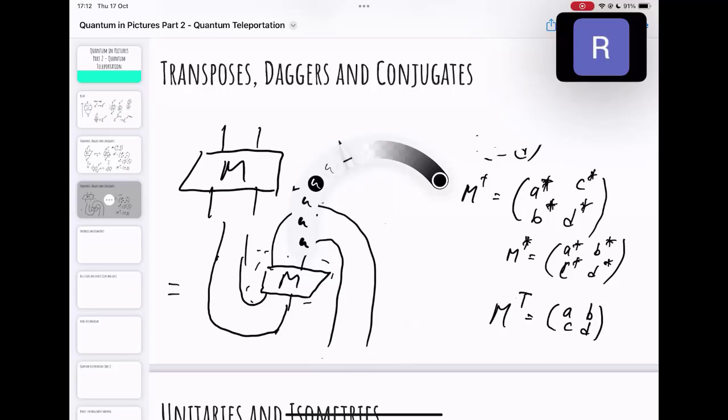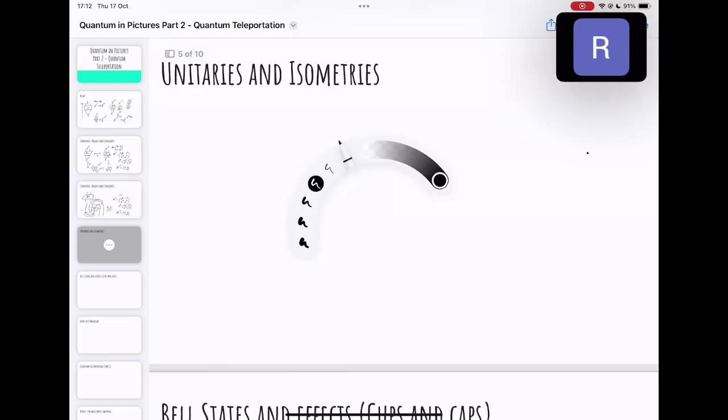And furthermore, if you look at these bent wires, you can also think of them as boxes themselves. You can think of this as a very special kind of box that is drawn using wires. And that's the next point.